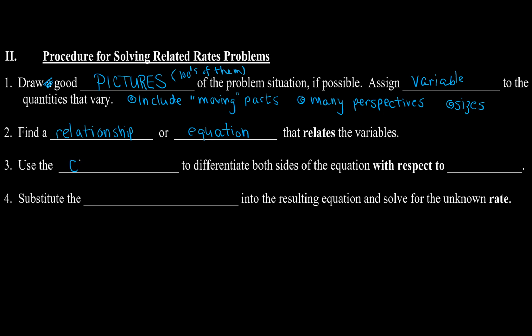Next, we're going to differentiate both sides, using the chain rule to differentiate both sides with respect to time t. You're then going to substitute your known, given values into the resulting equation and solve for your unknown rate.